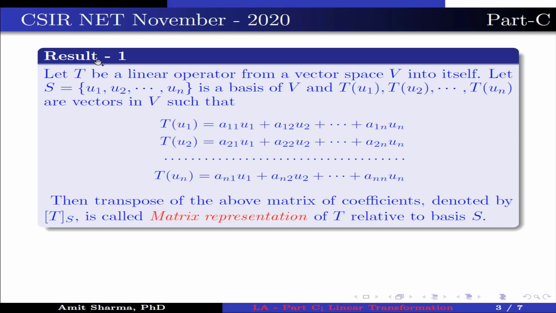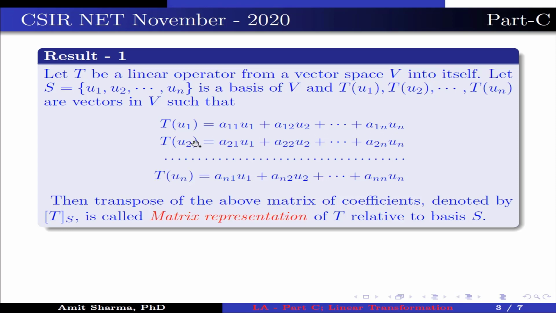Result number 1. Let T be a linear operator from a vector space V into itself. Let S containing the vectors u1, u2 up to un be the basis of V, and T of u1, T of u2 up to T of un are vectors in V such that T of u1 can be written as a11 into u1 plus a12 u2 plus and so on plus a1n un.